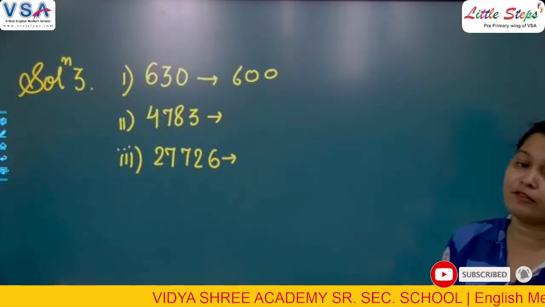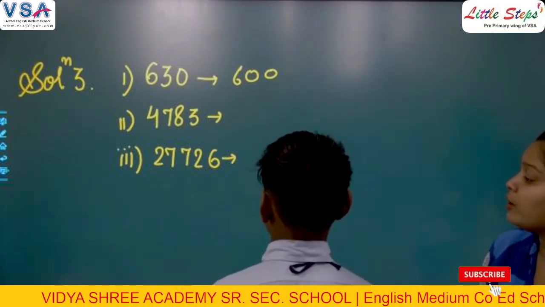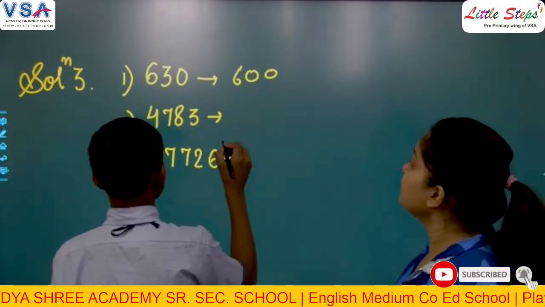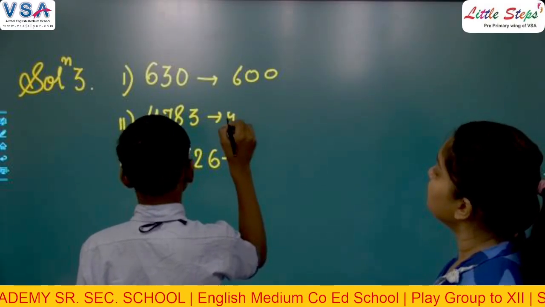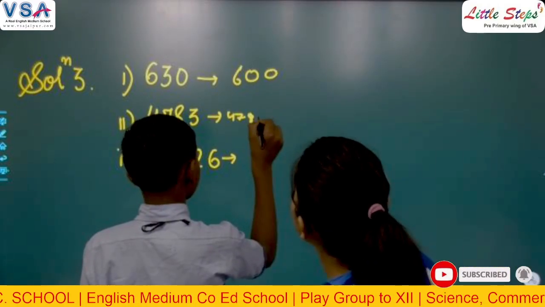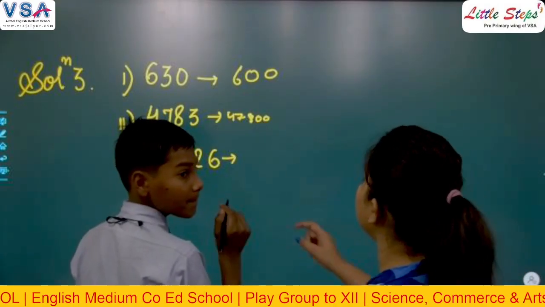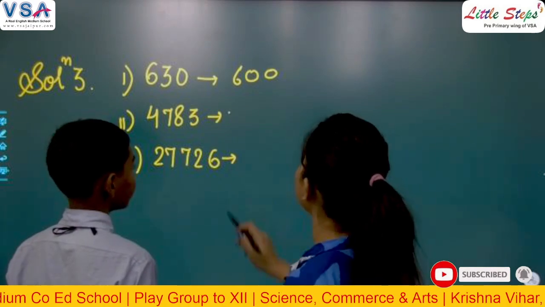We have to round off 4,783. What do we have to round off? 4,783. Yes, right over here. How many zeros? We have two zeros, na?